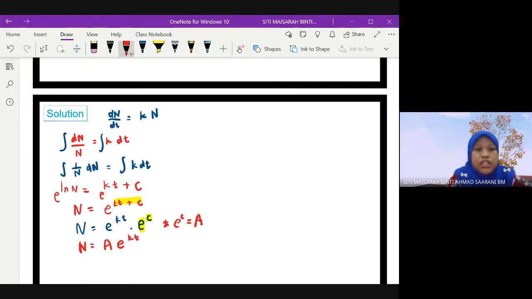So jadi kat sini kita ada boundary condition kita, initial condition kita. Tadi kita ada yang pertama, T equals to 0, N equals to 10 to the power of 6.